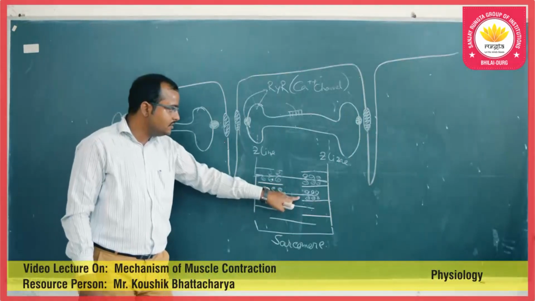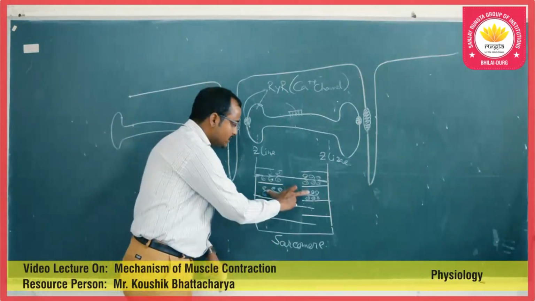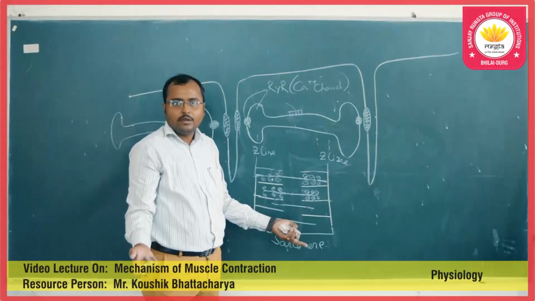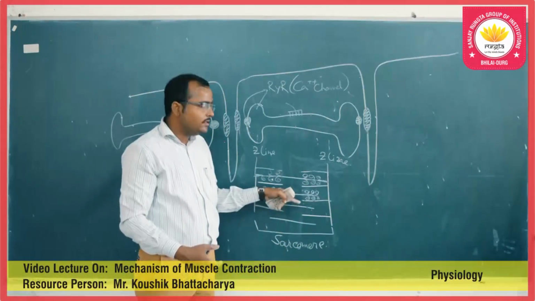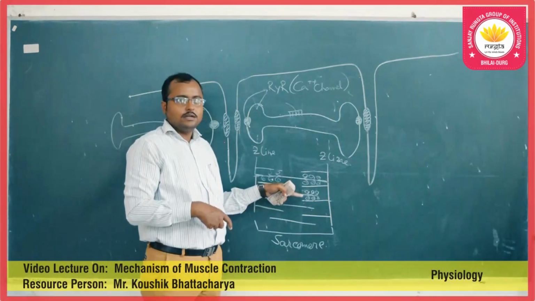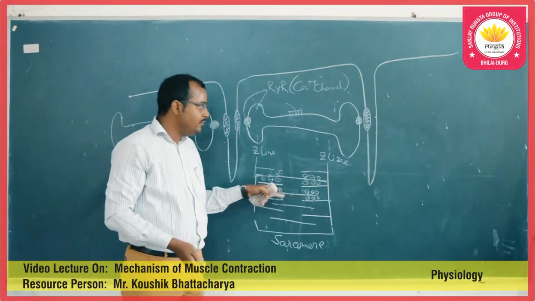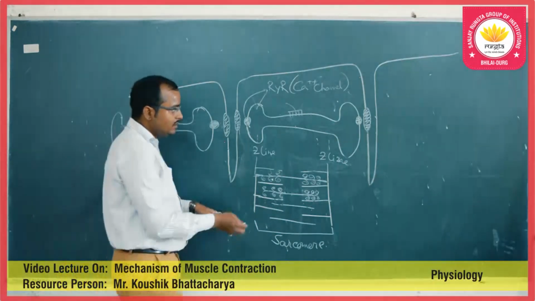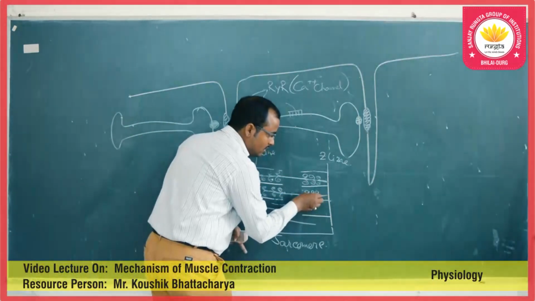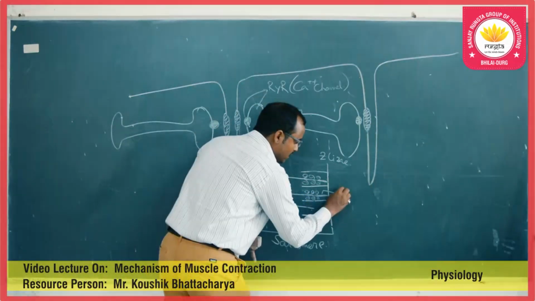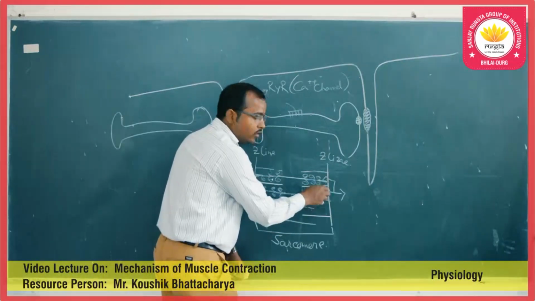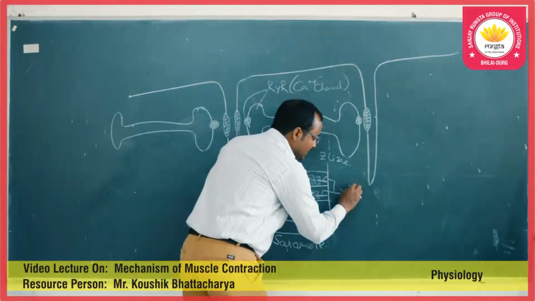Previously I drew this picture where the myosin is present in the middle part, but they are not connected anywhere. But now I am saying that another protein is there. That protein is known as the titin protein, and this titin protein will help to hold the myosin with the Z line. So this part or this protein is known as the titin.